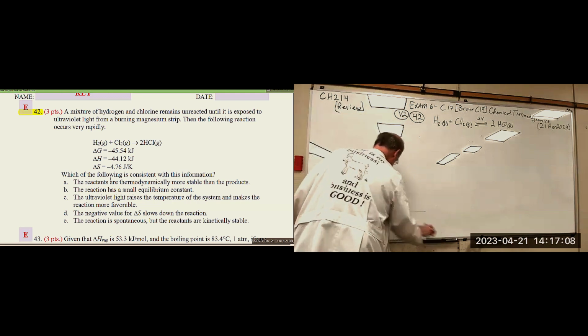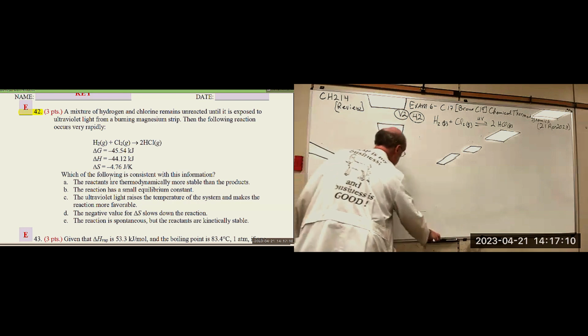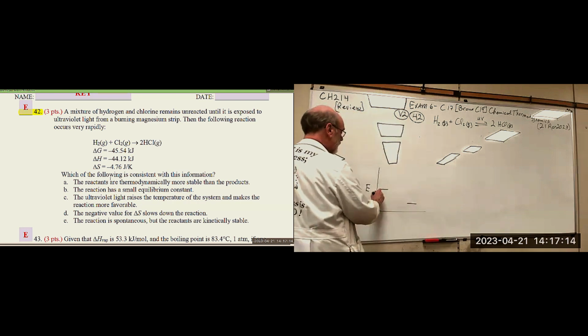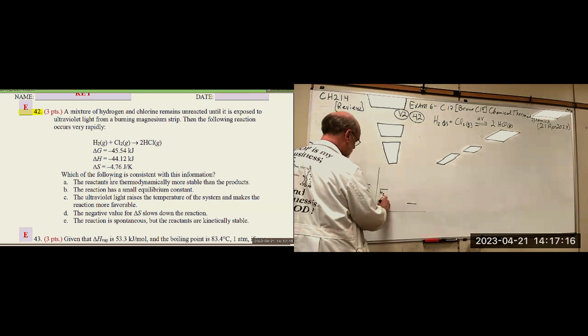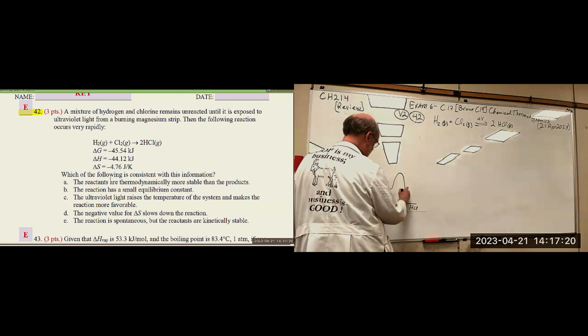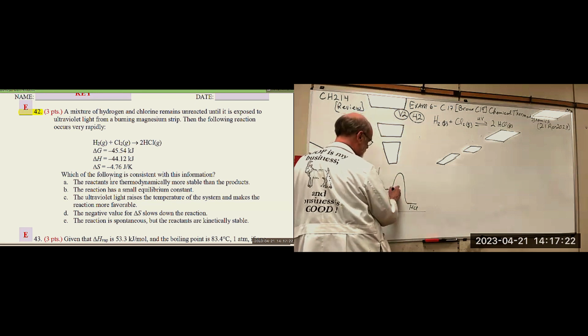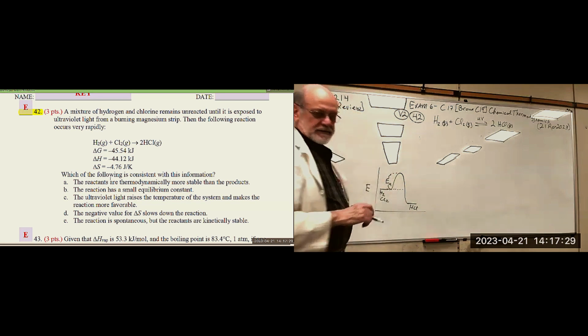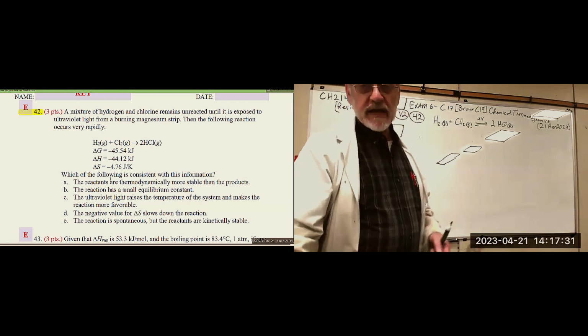Let's make that a little higher, because I know this is exothermic. There we go. So we got reactants here and products here, and there's your activation energy right there. So that's what the UV radiation is providing.